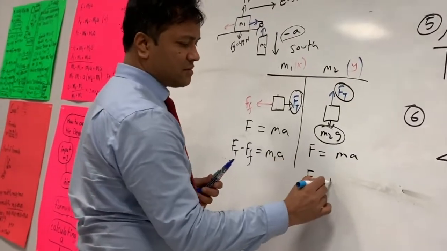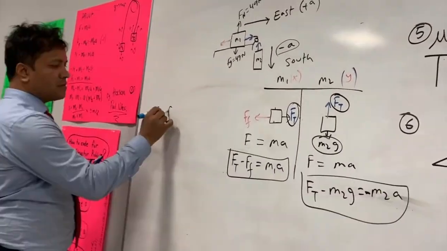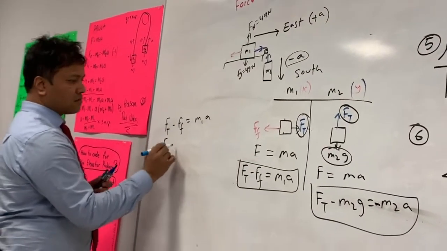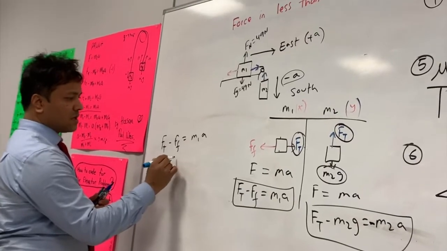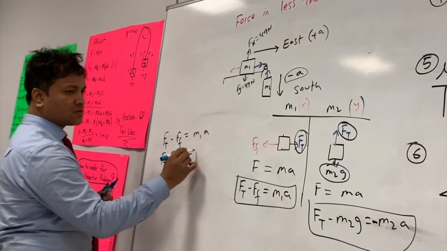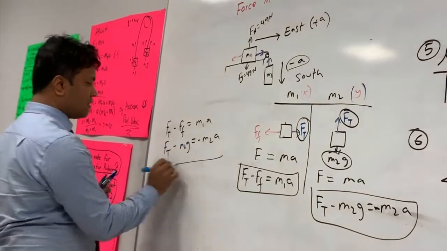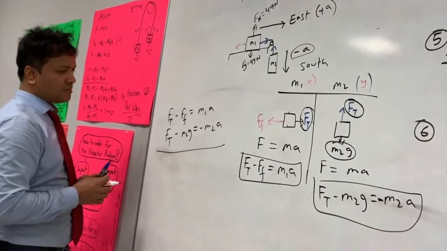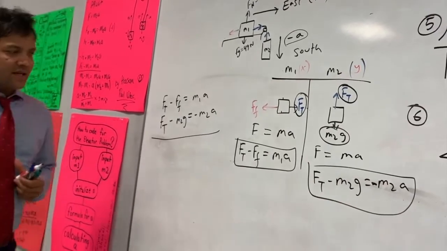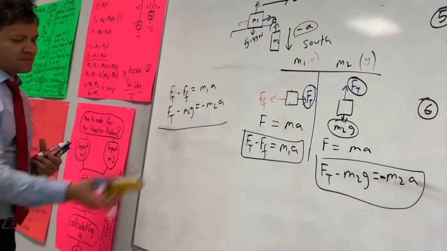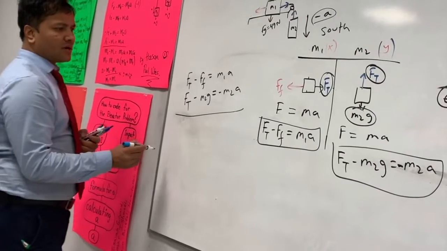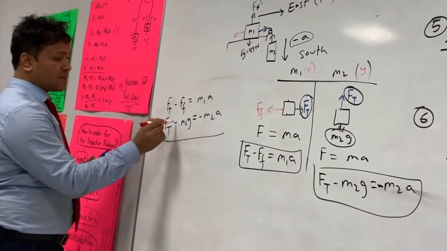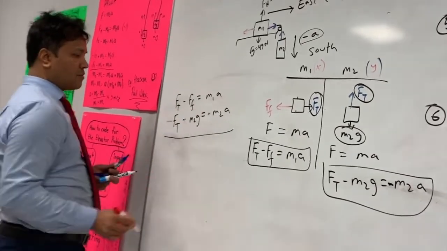Ft minus FF is equal to M1A, and then Ft minus M2G is equal to minus M2A. Okay, so the negative here is the problem. I cannot add them like that because these are not like terms, but it doesn't matter. So I'm going to negate this one, multiply it by negative. So this negative becomes positive.